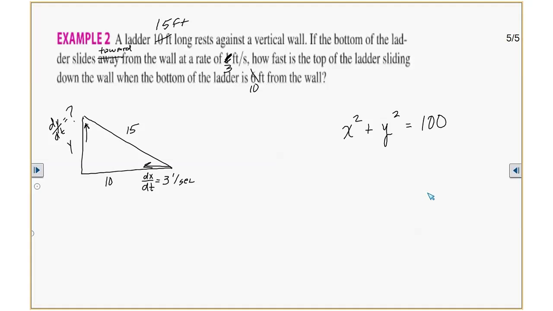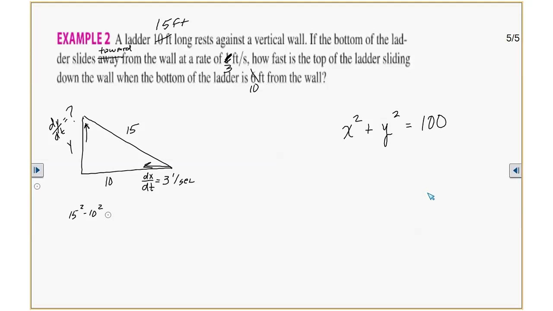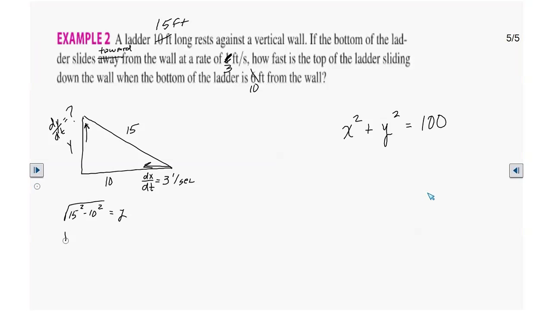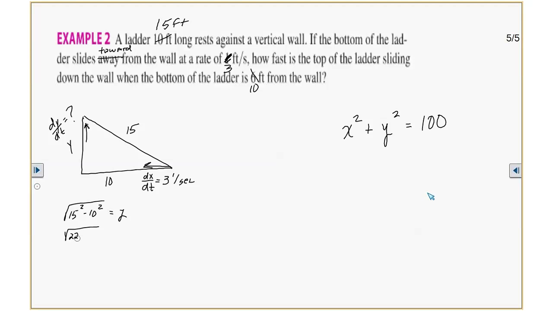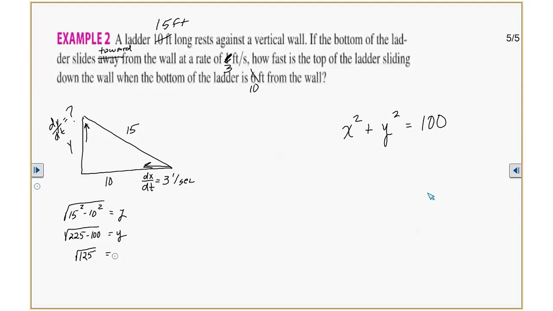Now y, we can go ahead and figure y right now. 15 squared minus 10 squared is equal to y squared, and 225 minus 100 is 125. What's the square root of 125?